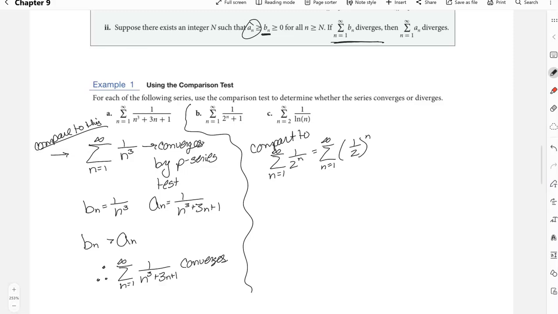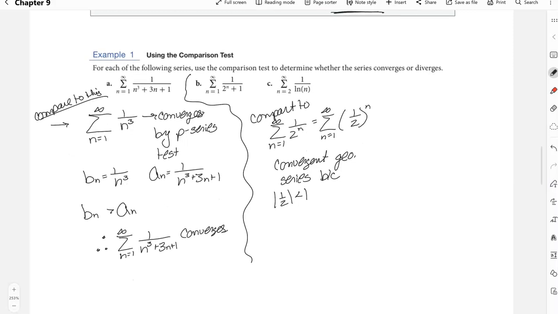And this is a convergent geometric series. And we know it's convergent because that ratio is less than 1. So we're comparing to that.